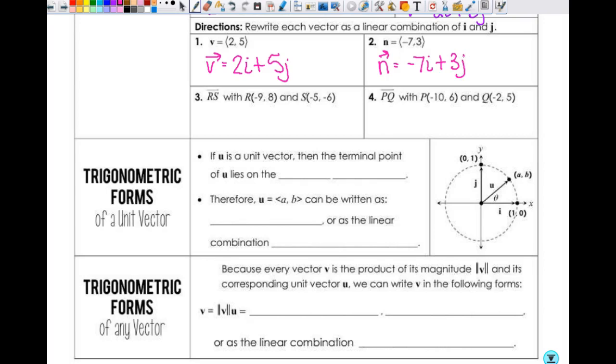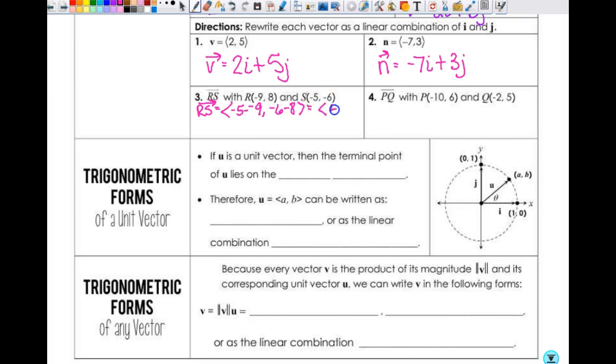Number 3, what do I have to get before I can do that? What form is it called? Component form. I need the component form of the vector. So vector RS is going to be equal to, remember, negative 5 minus a negative 9 and negative 6 minus 8.